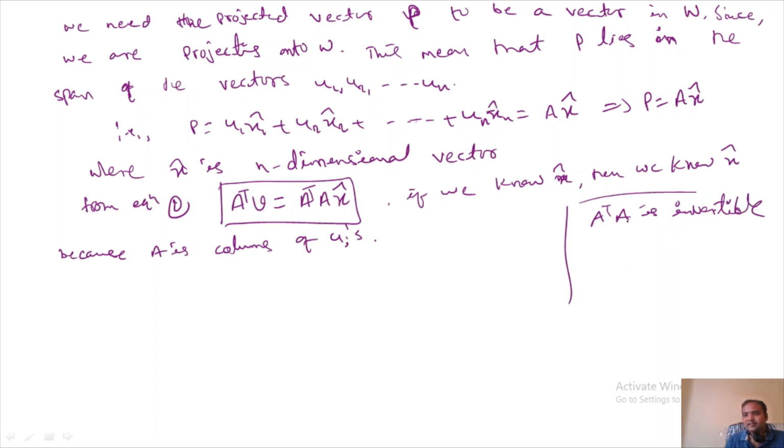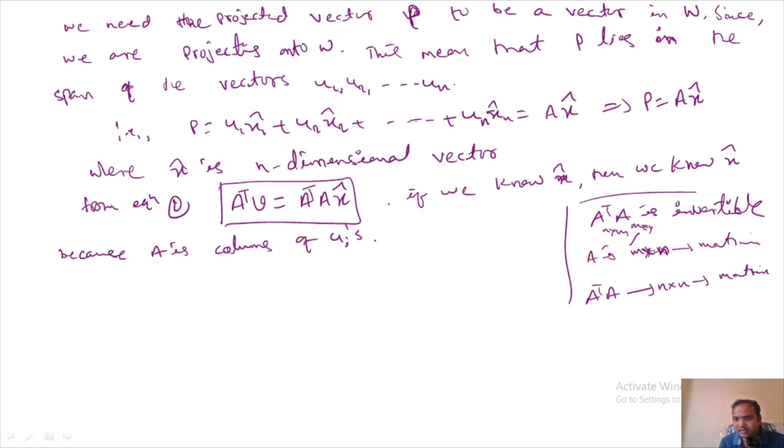Where A is an m by n matrix, there are linearly independent columns, so the rank is full. What about A transpose A? What is its size and rank? A is n by m and A transpose is m by n, so we get a square matrix.